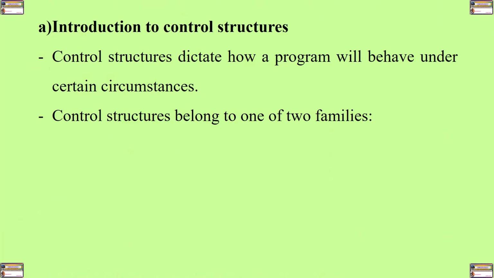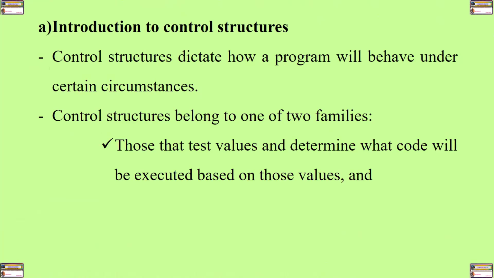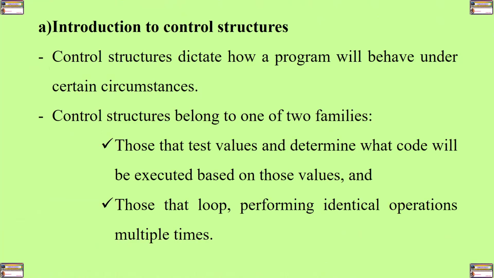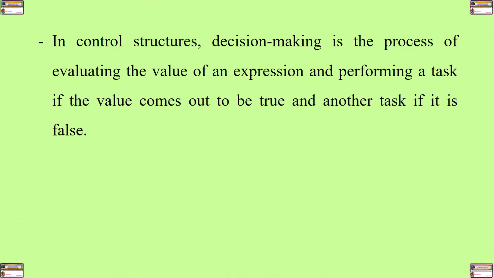The control structures belong to one of two families. That is, those control structures that test values and determine what code will be executed based on those values, and those control structures that loop, performing identical operations multiple times.